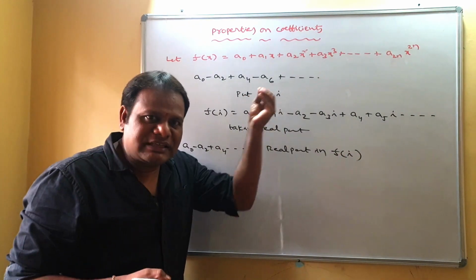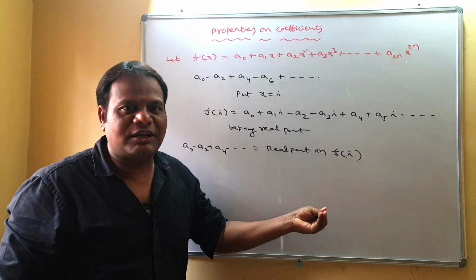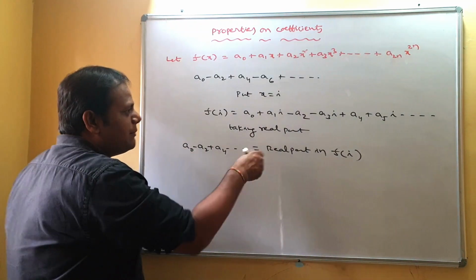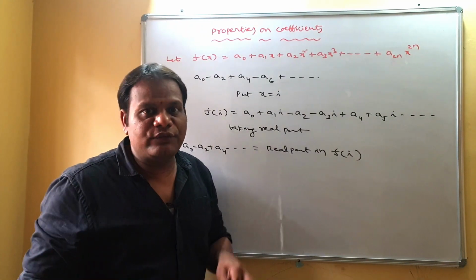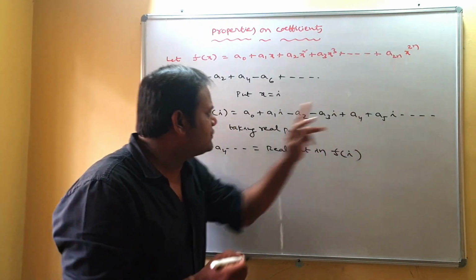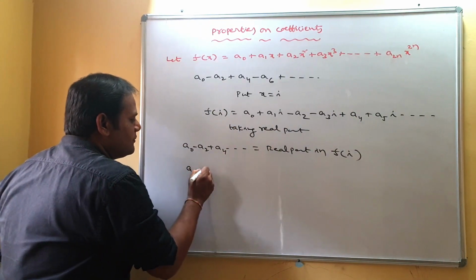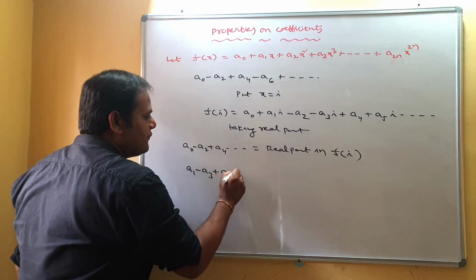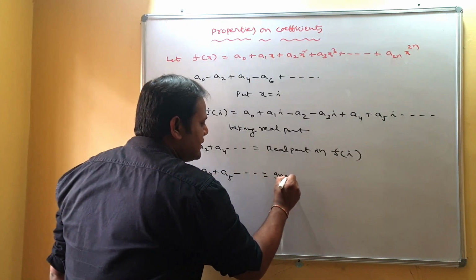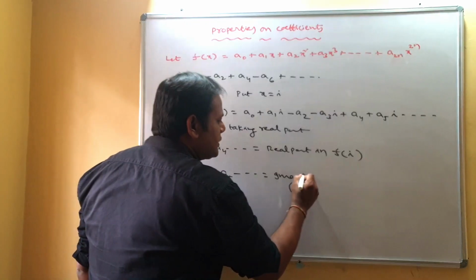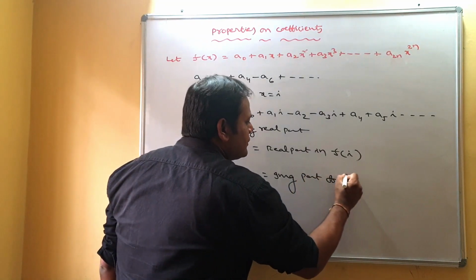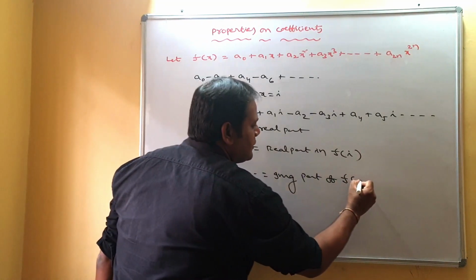Similarly, just consider imaginary parts on both sides. Imaginary part means the i coefficients, right? What are the i coefficients here? That is a1 minus a3 plus a5 minus so on, equal to the imaginary part of f of i.